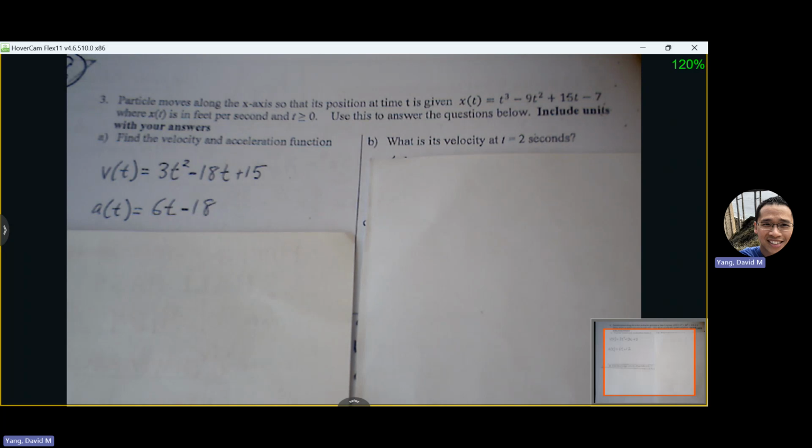So velocity is just 3t squared minus 18t plus 15. Acceleration, a of t, is just 6t minus 18.